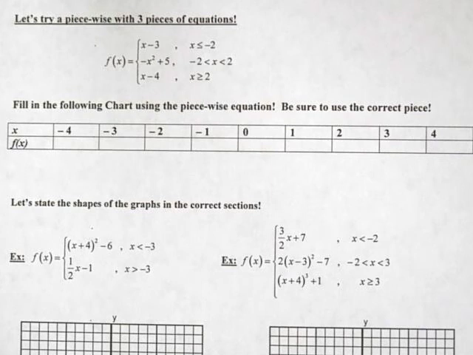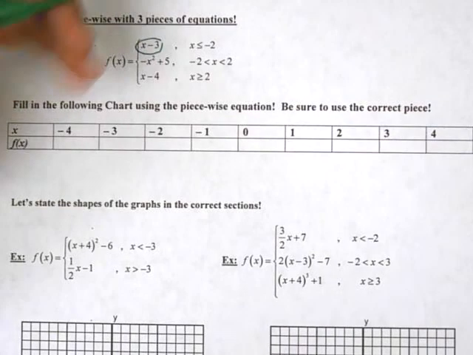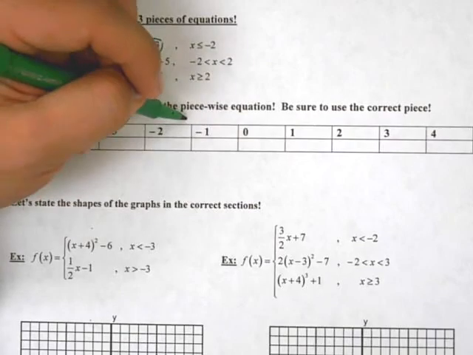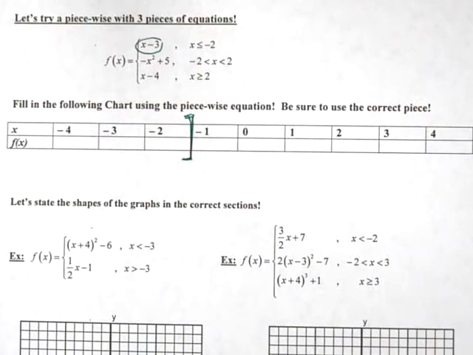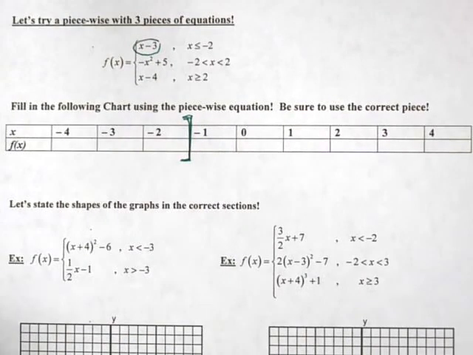So, things I would probably want to think about here is what I'm going to plug in where. My green is going all the way until x is less than or equal to negative 2. So that's going to be right there. Once I'm on the other side of it, it's going to take on this middle function.